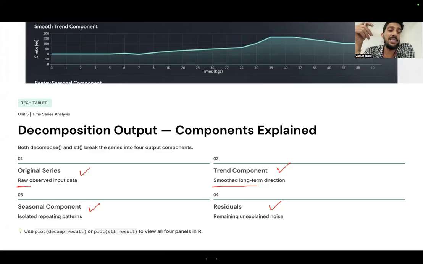Then you know what's a seasonal component? It is kind of getting isolated, and repeating the pattern, right? And finally, you have residuals. Residuals are something like errors, whatever is remaining, or whatever is the variance of current data remaining. Residual is something that cannot be just removed just like that.